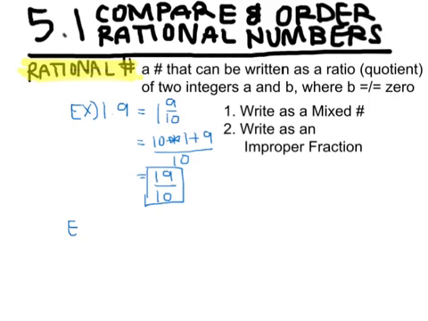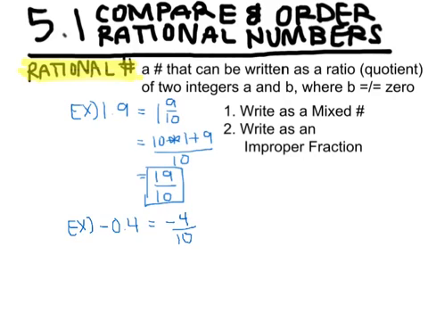For the next example, we'll try a negative number, and let's check to see if this is a rational number. -0.4. So again, first of all, let's write it as a fraction. So that's going to be -4, and it's in the tenths place. And here, since it's already not a mixed number, the denominator is not 0. But what do we need to do here?